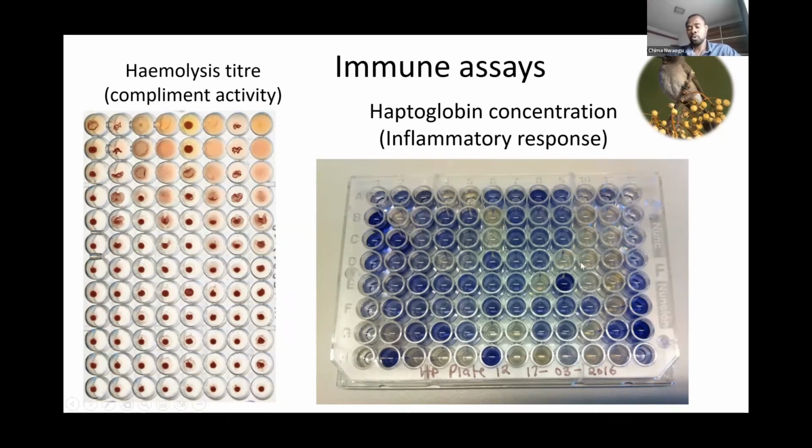Also, for haptoglobin concentration, which is a spectrophotometric assay, we take a quantity of plasma and run a test. The higher the concentration of haptoglobin you find in the plasma, the higher the inflammatory response. So you would expect that if an individual bird is responding to infection, the haptoglobin concentration will be high.